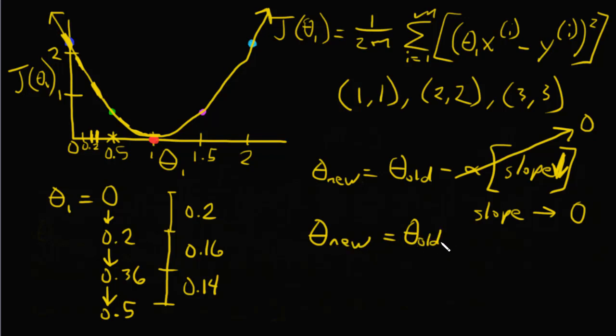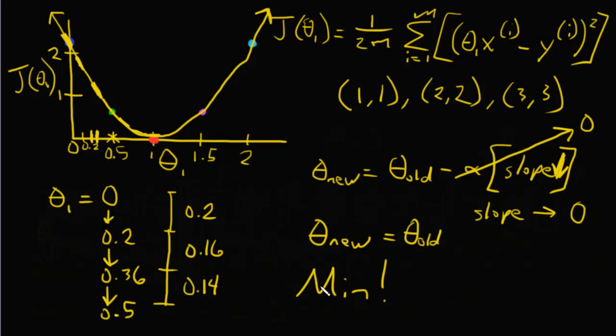My new guess is exactly the same as my old guess, and when that happens, we have found the minimum. That theta value is the absolute best fit for the line through the 3 points. And we did the whole thing with just a graph of the cost function so that we could look at the slopes.